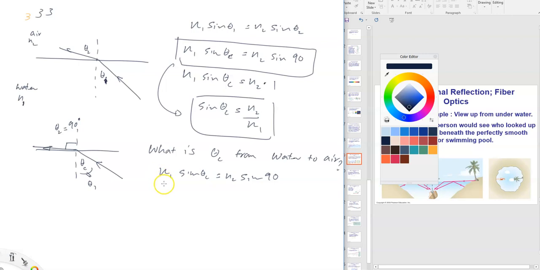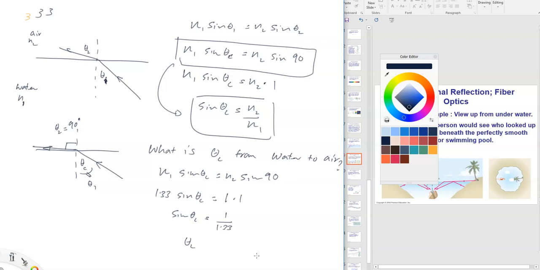N1, which is water, the first medium, is 1.33, sine theta c. N2, which is air, let's take it as 1, sine 90 is also 1. So we have sine theta c equals 1 over 1.33. So what is theta c? Let's do the math and find that out.